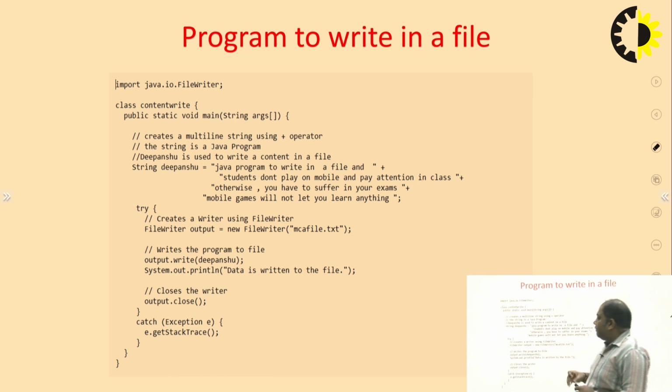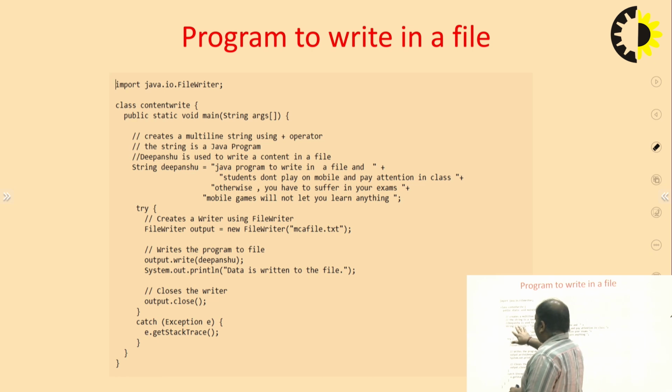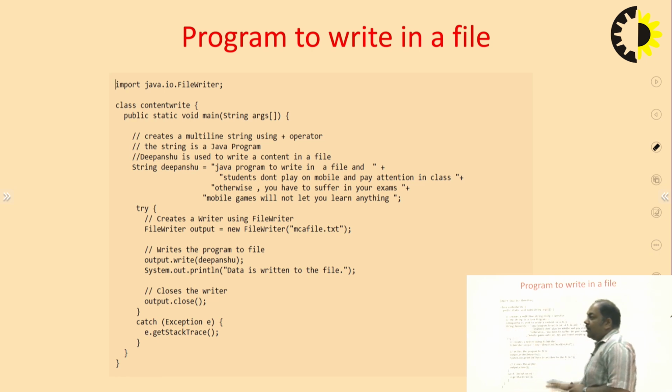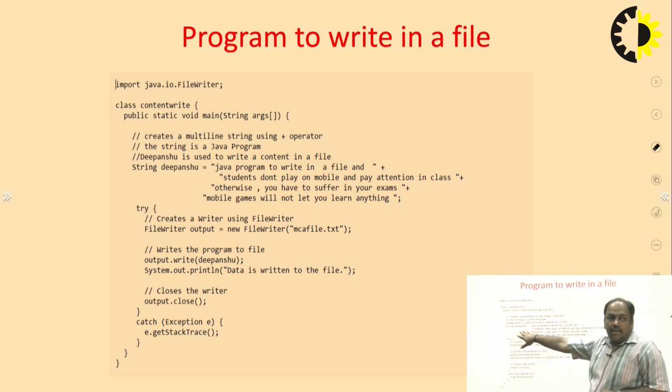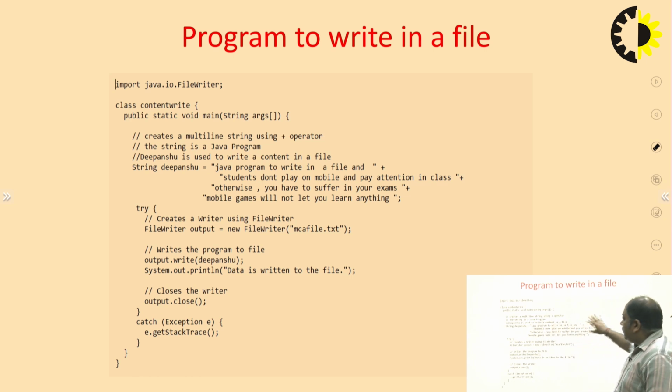We have used a string data type and given the name Dipanshu. In this data type, all this content is written, and this content is shown in the output of this program. After writing this content, we have given a destination for the file to which data is written.